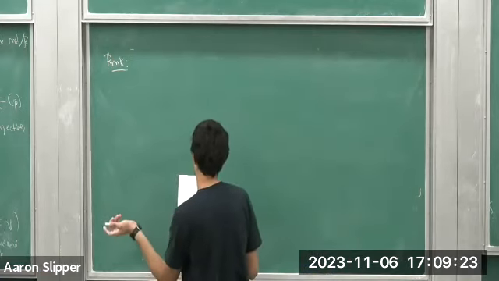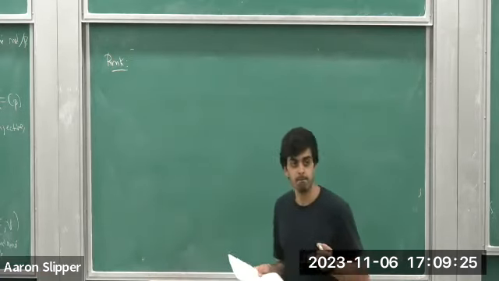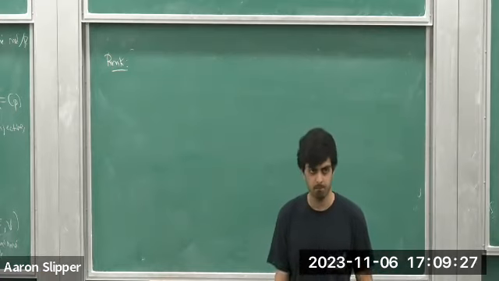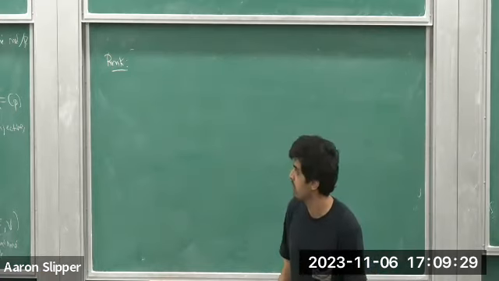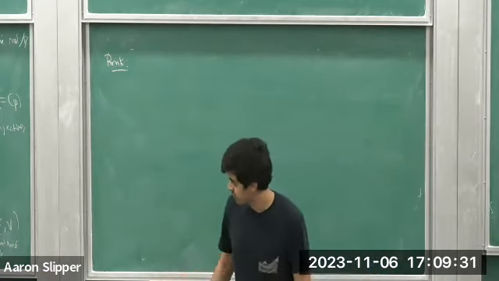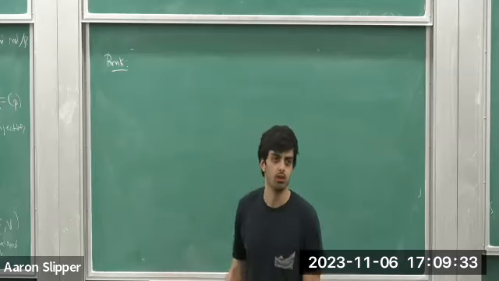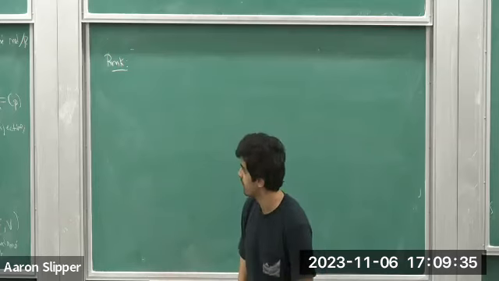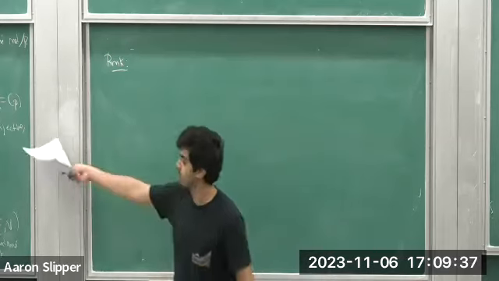Do you use the assumption that R is characteristic p? Do you use VF equals p? For the first one, yes.